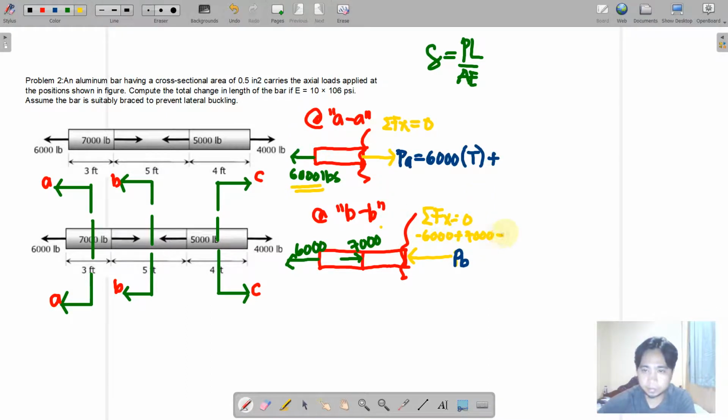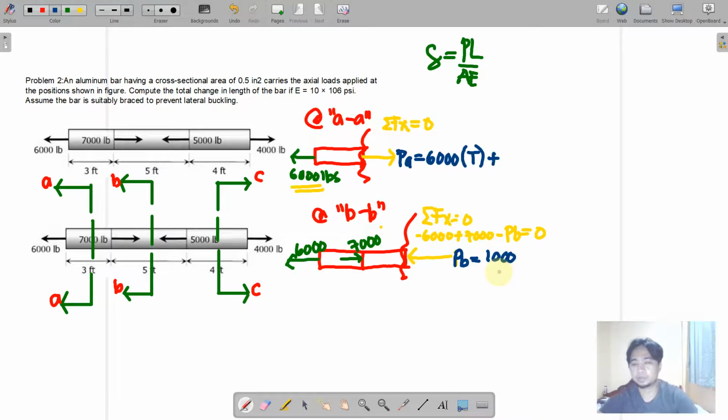Minus PB is equal to 0. So solving for PB, obviously this is equal to 1,000. Now the arrowhead of the PB here, basically we have a positive result.